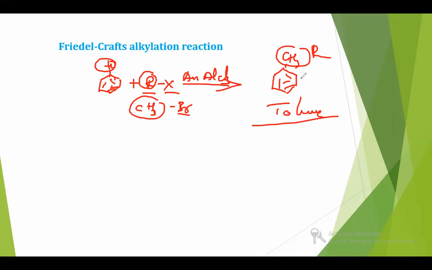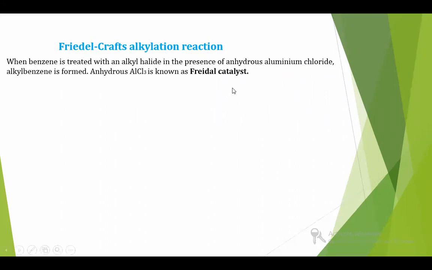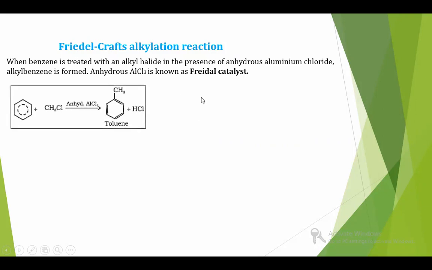So what is the Friedel-Crafts alkylation reaction? When benzene is treated with an alkyl halide in presence of anhydrous aluminum chloride, alkyl benzene is formed. Anhydrous aluminum chloride is known as the Friedel catalyst.